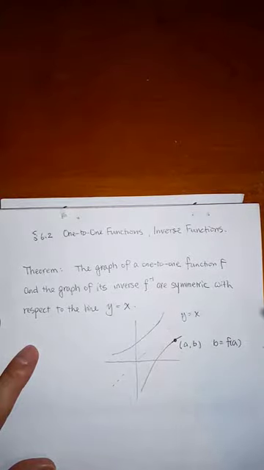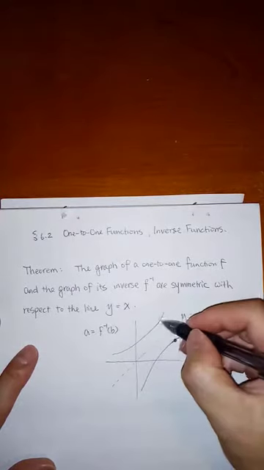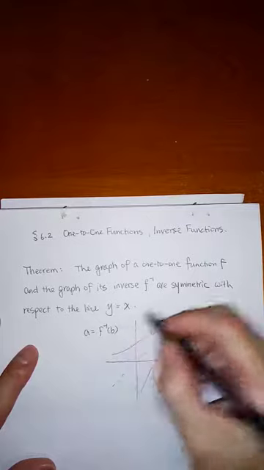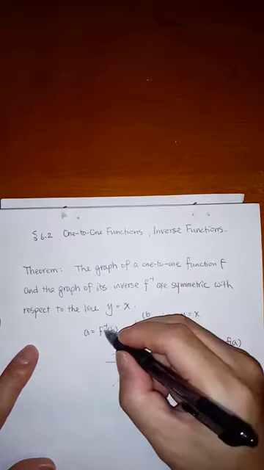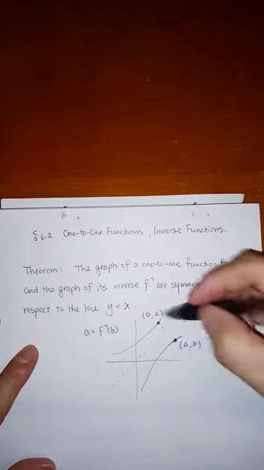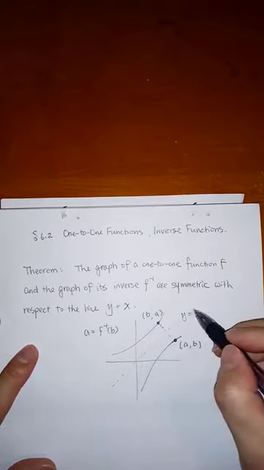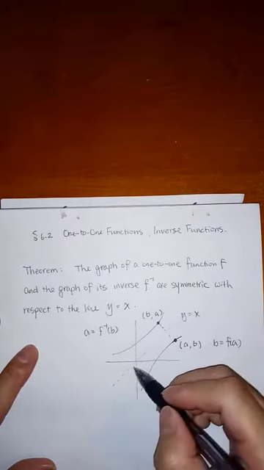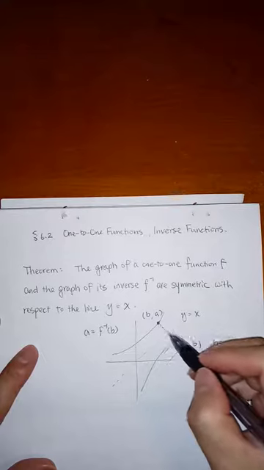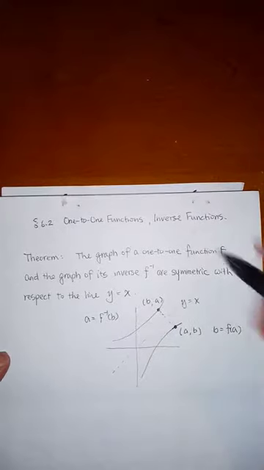B is f(a) implies a is f inverse of b. So when you get input b for f inverse, you get output a. So (a, b) is on the graph of the original function, then (b, a) will be on the graph of the inverse function. If you connect them, they are symmetric with respect to the line y equal to x. So y equal to x is the perpendicular bisector of this segment. That is the meaning of the theorem.